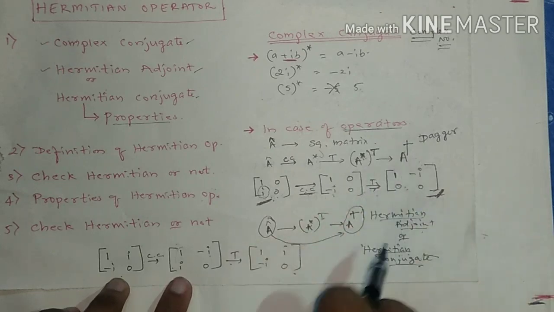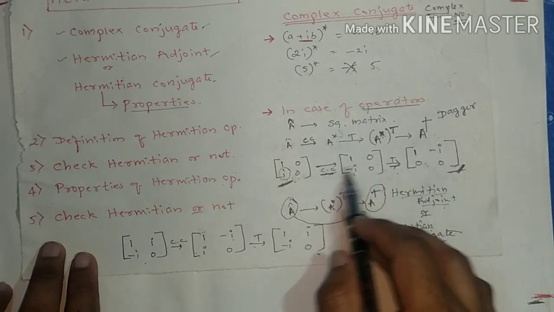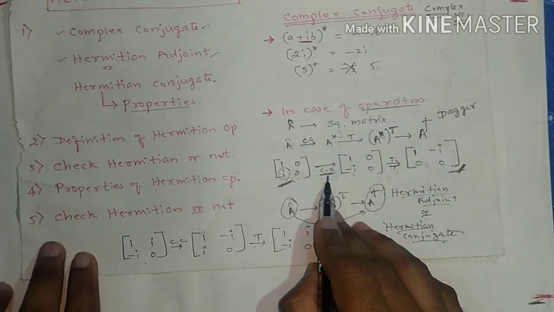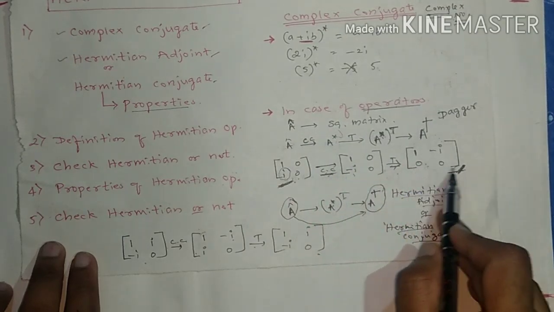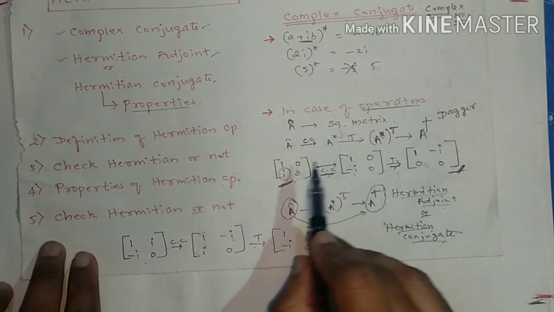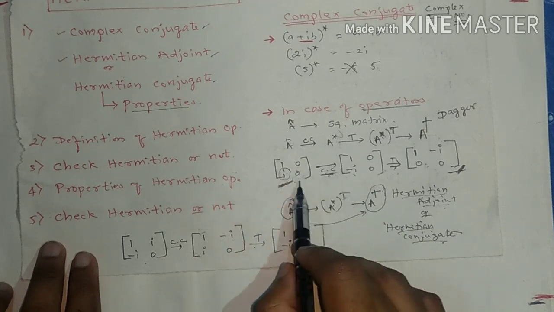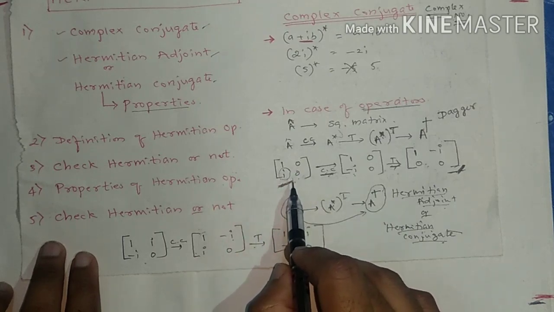If after doing these two operations, whatever operator we get is the same as the operator with which we started, then that operator is called a Hermitian operator.